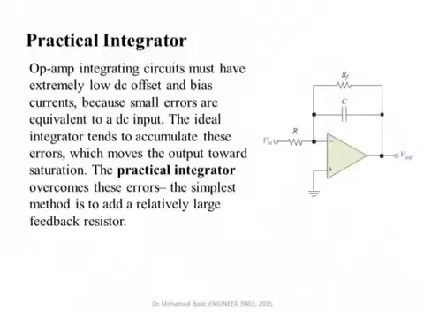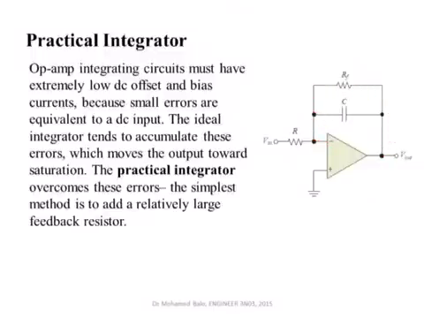To remove this problem, they came up with a practical integrator, a solution by putting a very high resistance in parallel with C. When you put this very high resistance, you are still guaranteeing there is feedback even at DC.